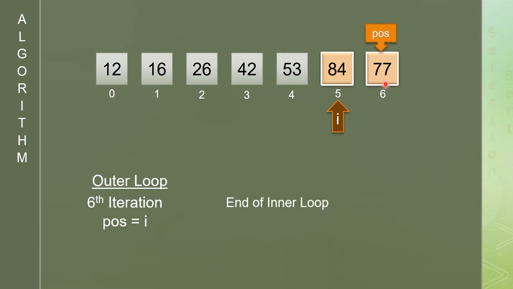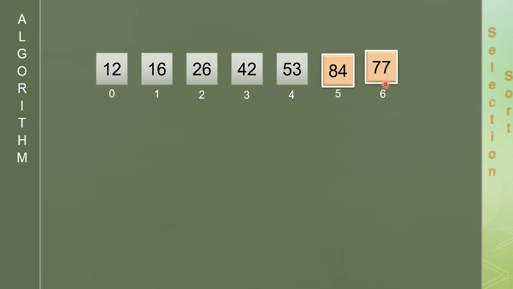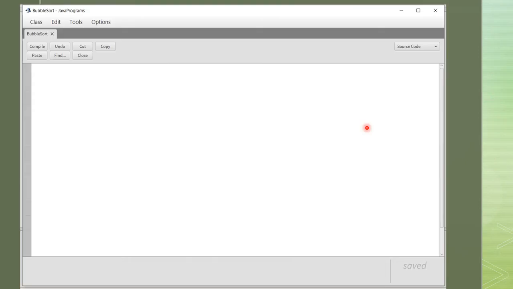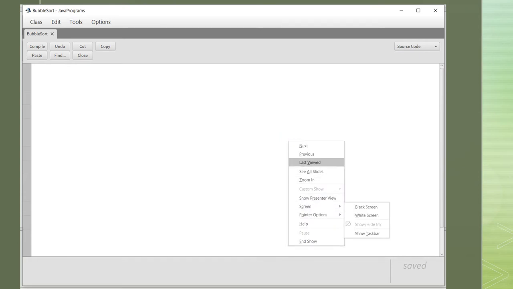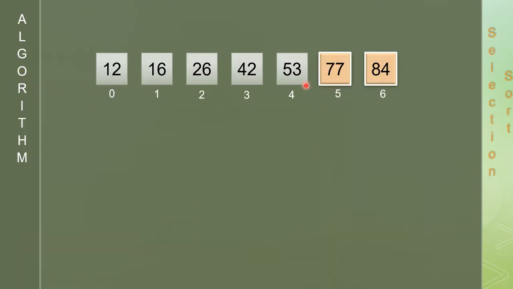Now the end of the inner loop. Now you know the I value and the position value. You are going to swap these two values, I and position. So it will be moved, and after the iteration is completed, you can see that all the elements are in sorted order.